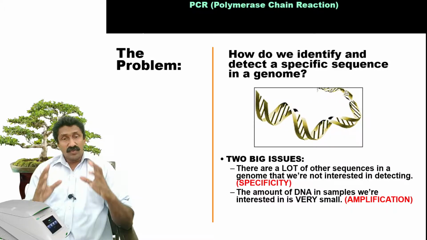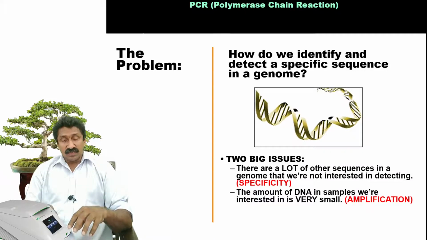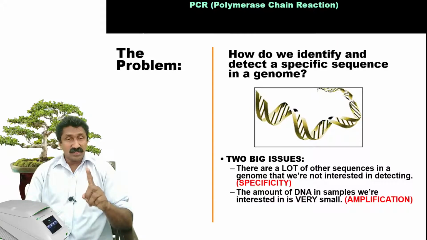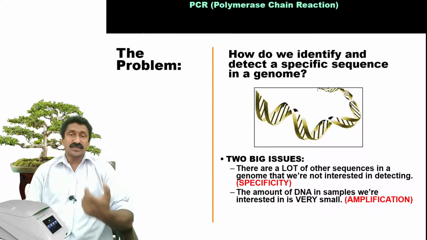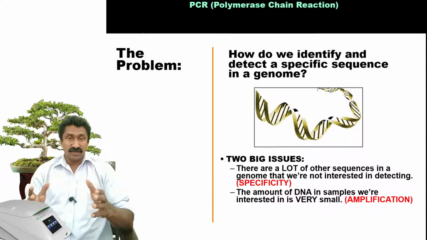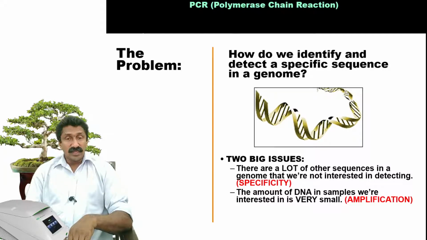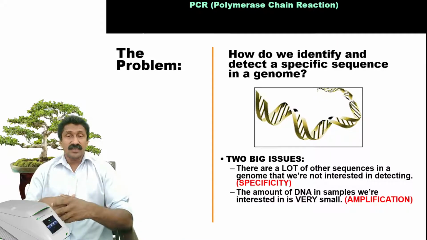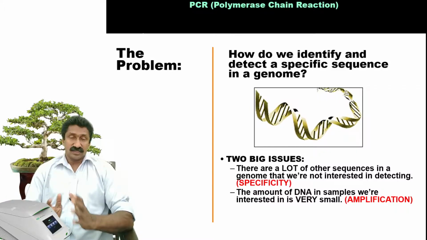Then the amount of the DNA samples we are interested in is very small. So, which means in a particular organism, maybe a single copy of the gene is present. So, if you want to identify the location of the gene, the quantity of the actual sequence or the number of copies of that sequence in the sample may be much less. So, the amount of the DNA sample we are interested in may be very small, which means maybe you are extracting the DNA from a few hundred cells, which may have 100 copies of the entire gene that you are interested in.